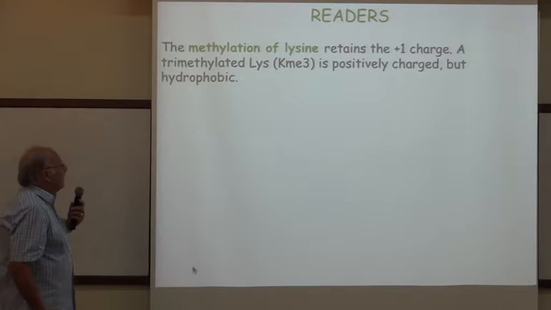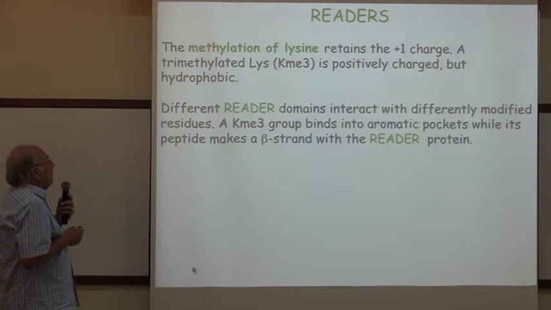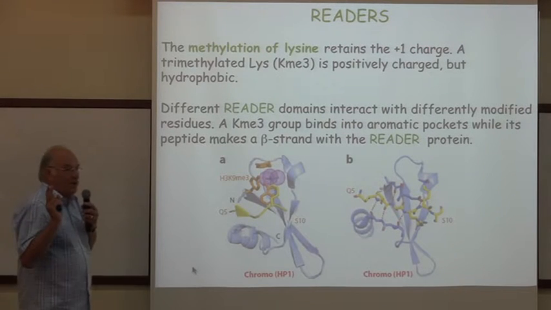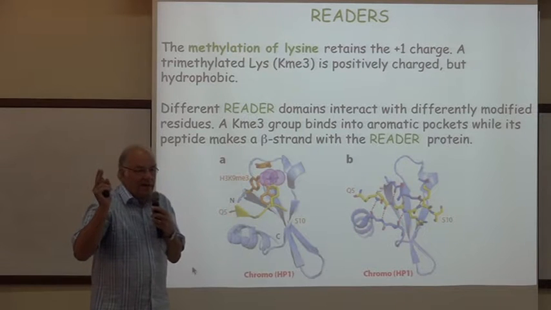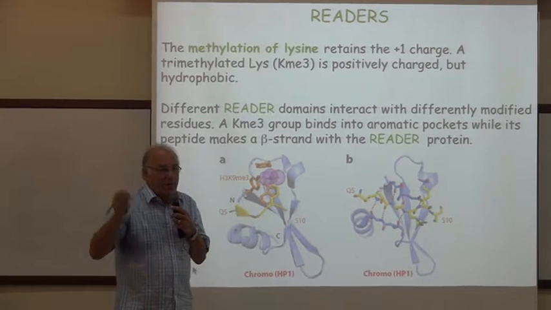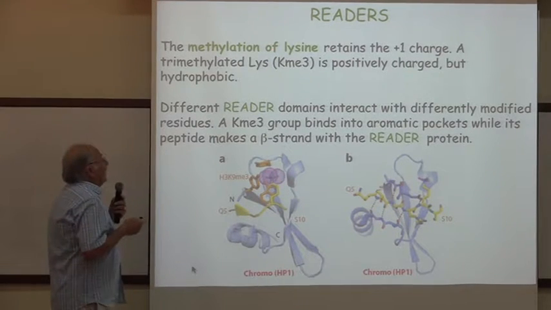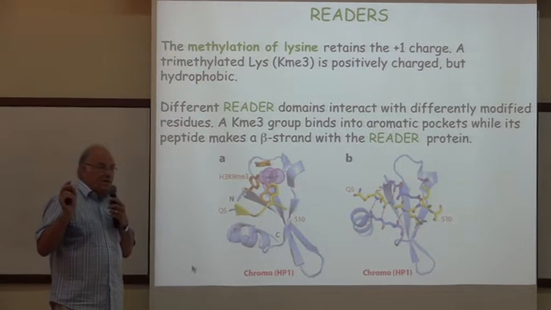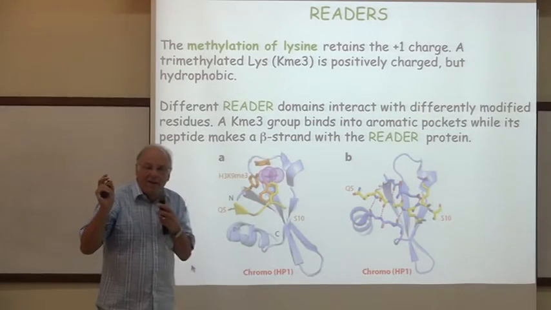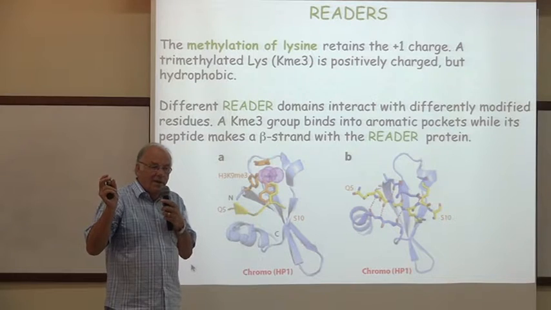So readers. The methylation of lysine retains the +1 charge, because you remember the lysine side chain has a 1+ charge. The amino group is positively charged. And if you methylate the lysine with 1, 2, or 3 methyl groups, it remains positively charged.